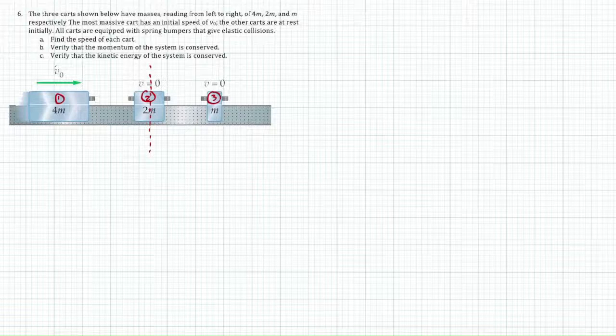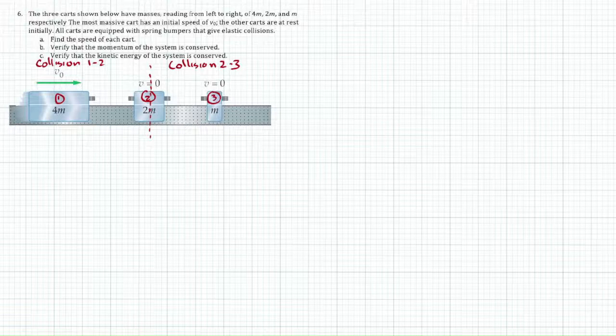We're going to have collision, I'm going to label this collision of 1 to 2. And I'm going to call this collision of 2 to 3. And we're going to deal with each one separately, because they're separate events. They're all in one problem, but they're separate events.